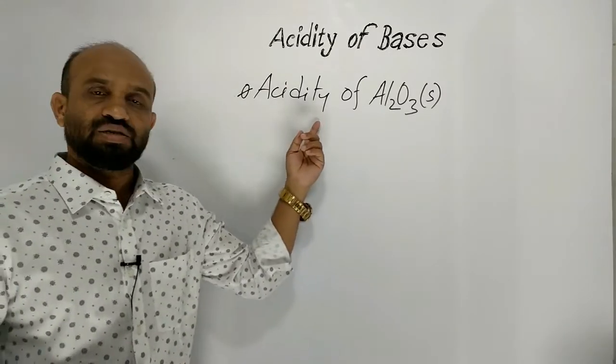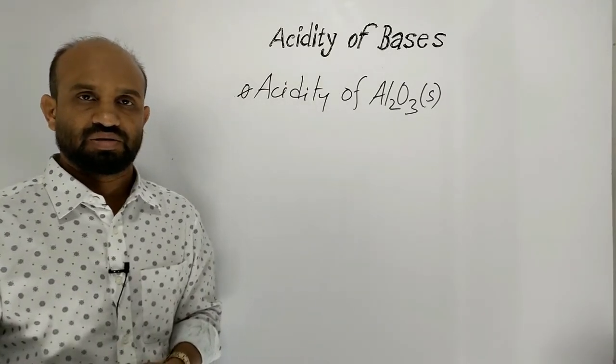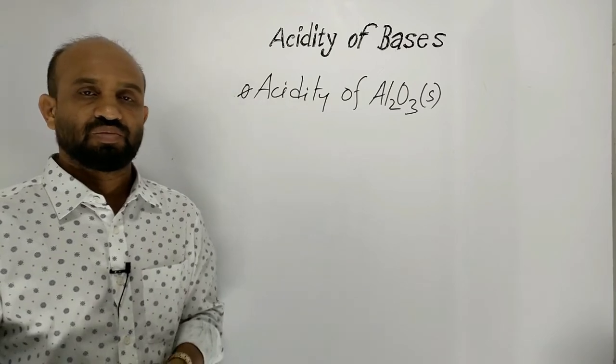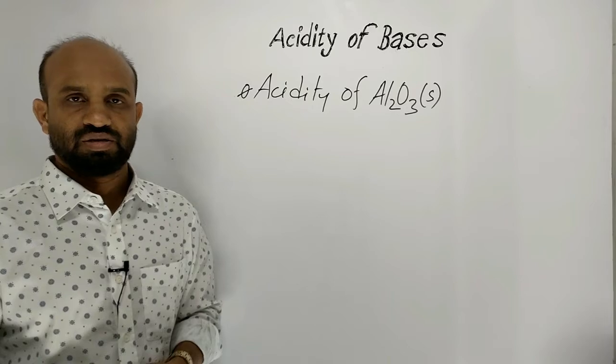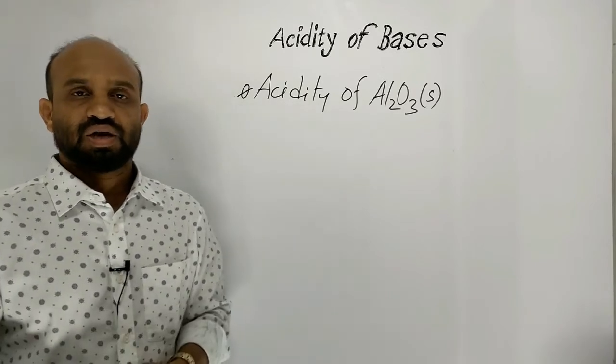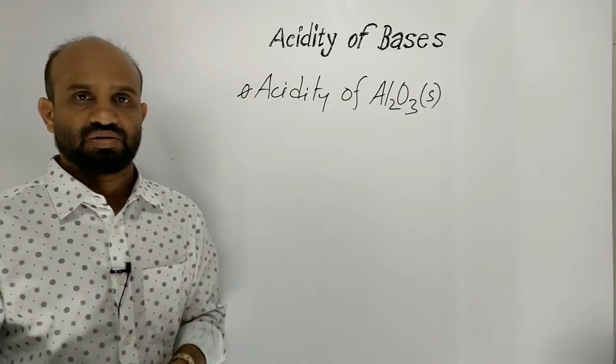Now, acidity of aluminum oxide base. Aluminum oxide is a kind of metallic oxide, so it is basic in nature. Now let's see acidity of aluminum oxide.